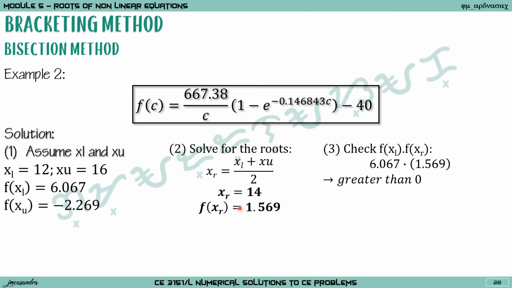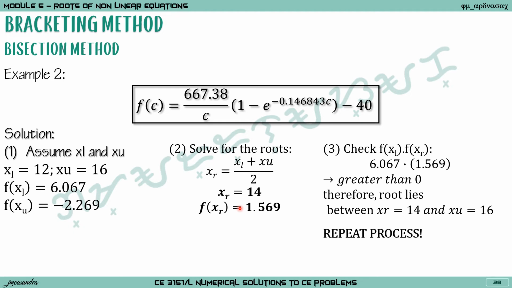So therefore, our limits now would lie between xr, which is 14, and xu equal to 16. So meaning for our next iteration, we repeat the process and we use now xr 14 as our new lower limit and xu equal to 16 as our upper limit.